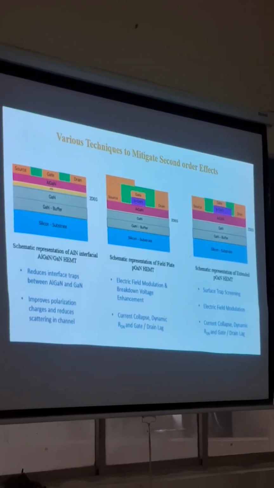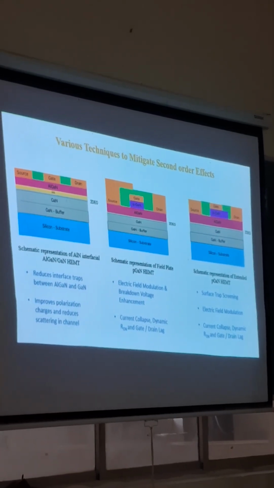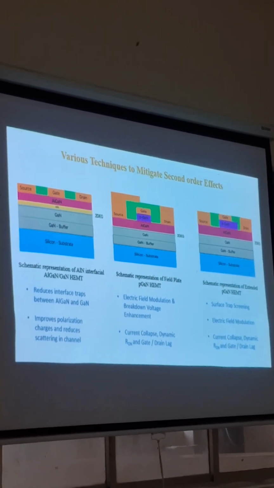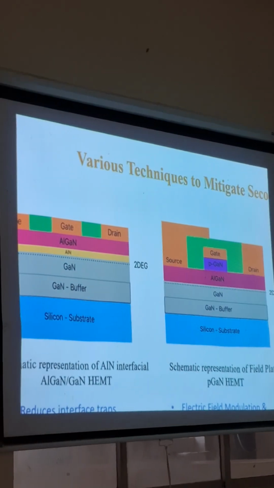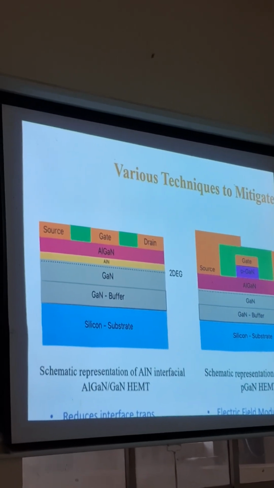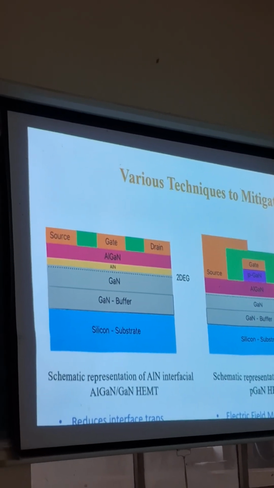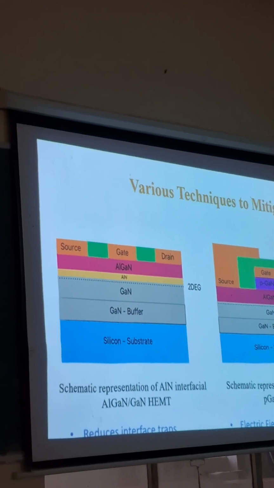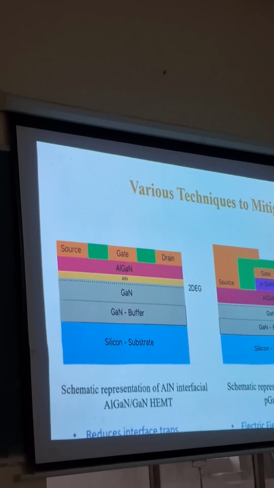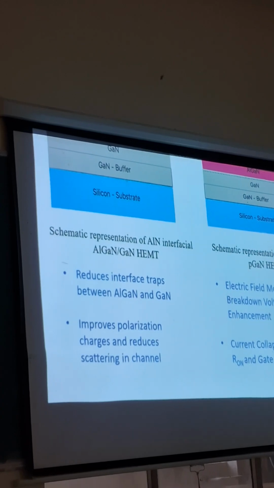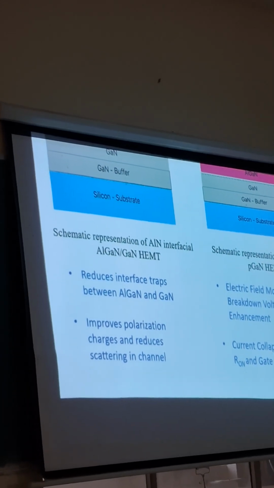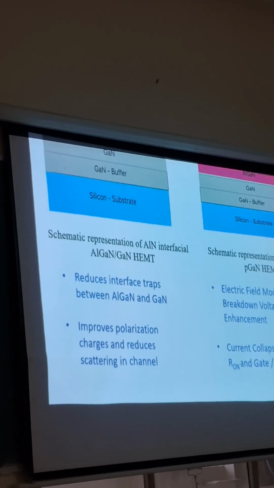These second order effects can be mitigated through various structural modifications. Here we introduce aluminum nitride to reduce the interfacial traps which occur at the GaN interface, which improves the polarization and reduces the scattering in the channel.